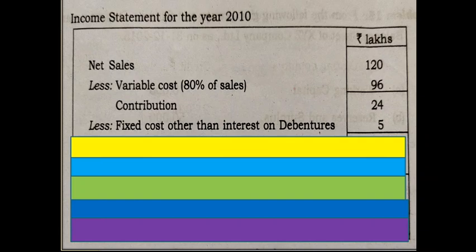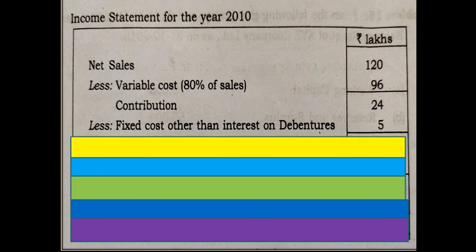In this case, it is given as interest on debentures, 5. In the question, there is no direct information regarding interest on debentures. Then how did we find the interest on debentures of rupees 5? In the balance sheet, there is an item given: 15% debentures, rupees 20.